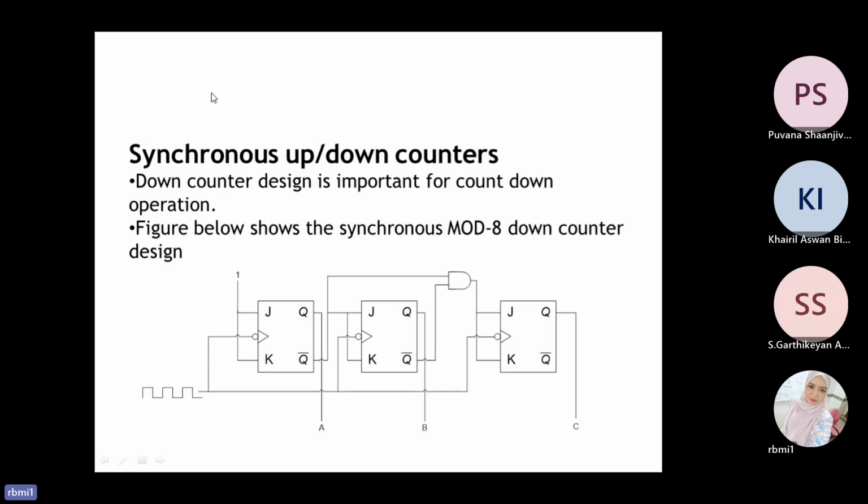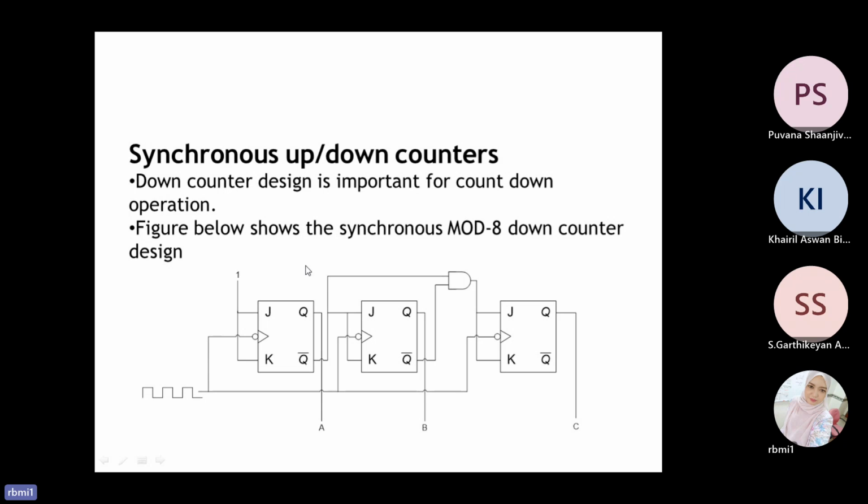Okay, here we have a MOD 8 down counter design. We have an AND gate here, connected by the output of Q bar. A synchronous counter can be designed as either an up or down counter depending on the application.